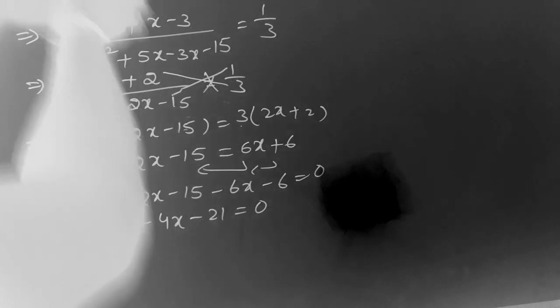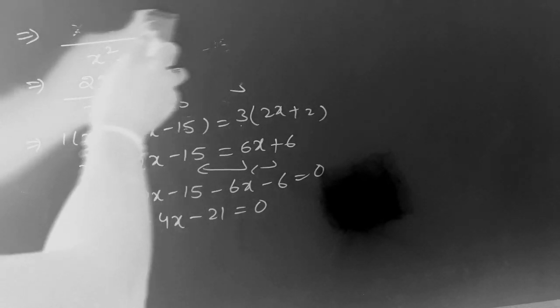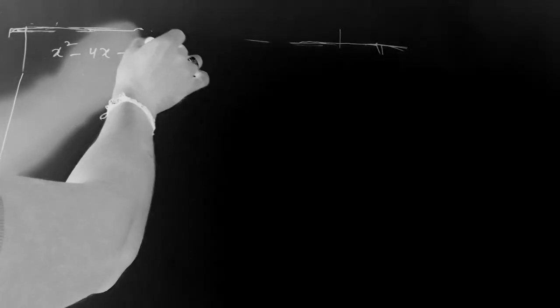I will use the quadratic formula method to find the roots. The quadratic formula method is a very easy method to find the roots of a quadratic equation. So here is the equation: x square minus 4 times x minus 21 is equal to 0.